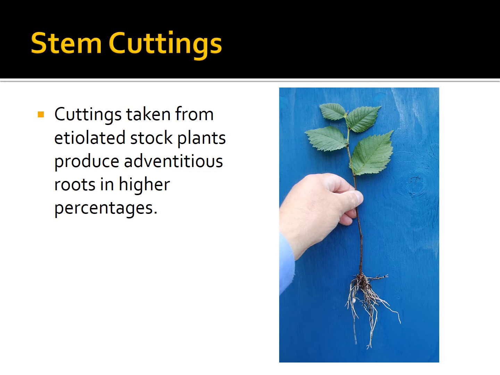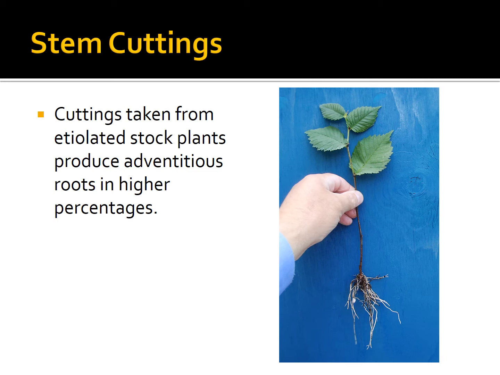Or another way to do this that I've read about is, rather than keeping the whole plant in the dark, you can take some tape or some plastic or something that you can use to cover the stem up. This can be done on a plant that's growing outdoors. When the new shoots start to develop in the spring, you're going to cover part of that shoot or stem with some type of covering, and you're going to hold this in place with tape.